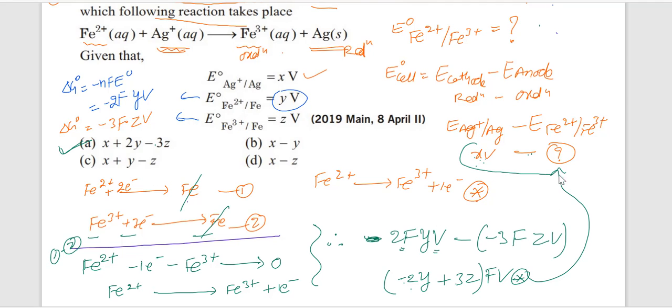So this value, x volt minus of 2y plus 3z, minus into minus becomes plus, minus into plus becomes minus, so your answer will be A, x plus 2y minus 3z. Are you getting? You can pause the video and try on your own, you will get it.